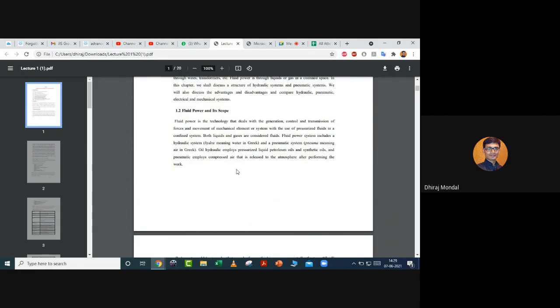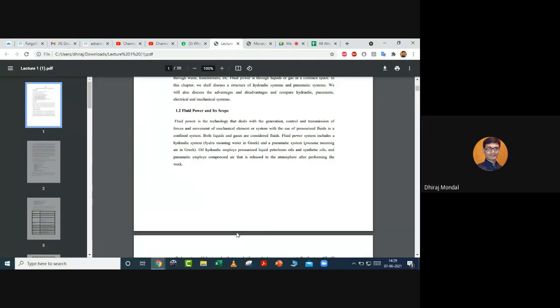So fluid power and its scope, what I discussed right now, is written here. Fluid power is the technology that deals with the generation, control and transmission of force and movement of mechanical elements or systems with the use of pressurized fluid in a confined space. Both liquid and gases are considered fluid.